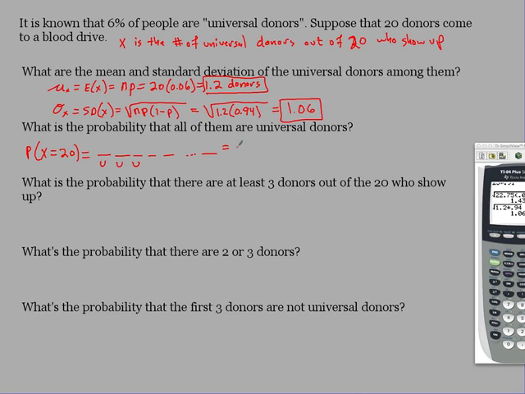So we know that this would be 0.06 to the 20th, which is very, very, very unlikely. Okay, I won't even figure this out because it's going to be really, really small.